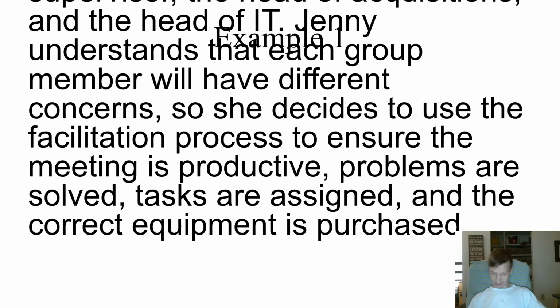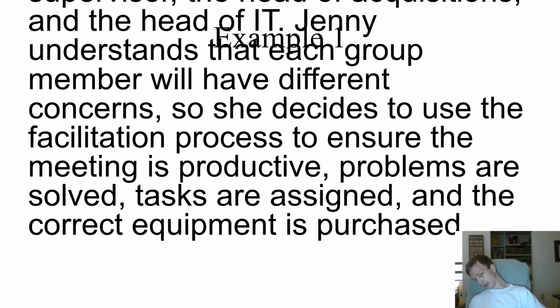Jenny is going to have to deal with acquisitions, for example, because one of their main concerns is how much will these computers cost. Next, we look at her supervisor. Her supervisor will be concerned with, will these computers meet the needs of my department? Will they meet the needs or the reasons for which we are purchasing them?